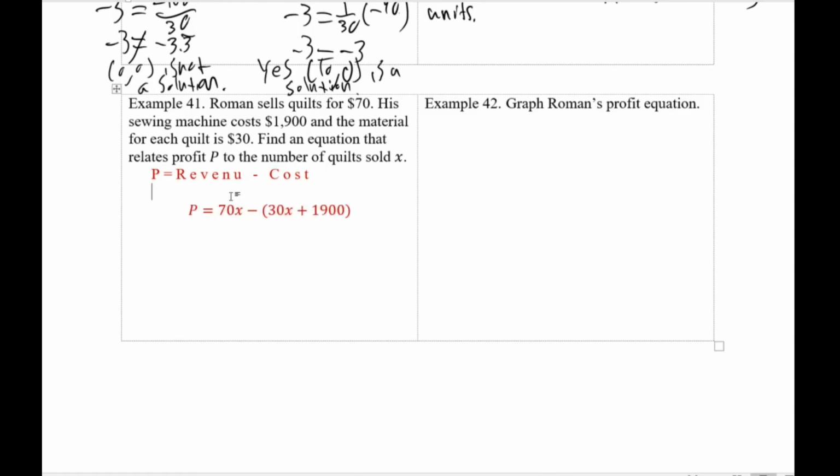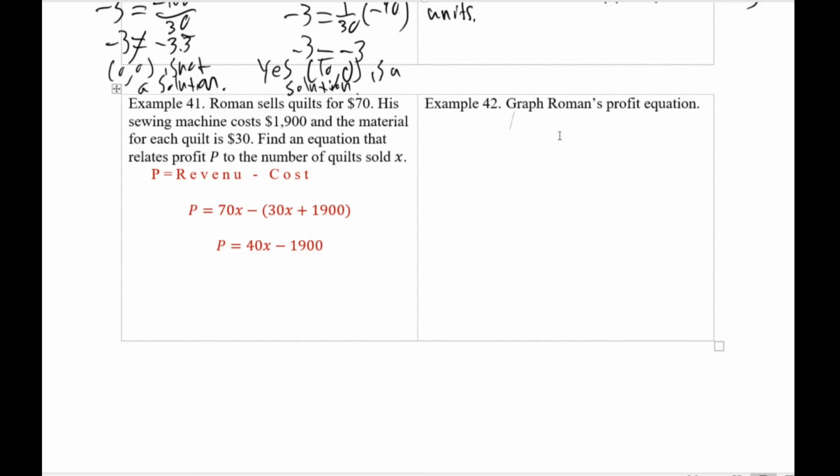And here we see that he earned $70 for each quilt, so that would be 70 times x. And his cost would be $30 per quilt, and also the fixed cost of the sewing machine, $1,900. We simplify this to get the profit that he makes is $40 per quilt, subtracting the fixed cost.